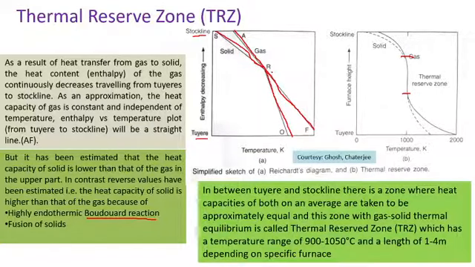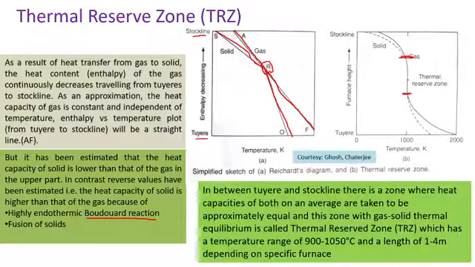In the Richards diagram, there was a point R, but here in the blast furnace, there is a range, some height of the blast furnace, where the temperature is constant. That means there is no transfer of heat from gas to solid. Both are in equilibrium.